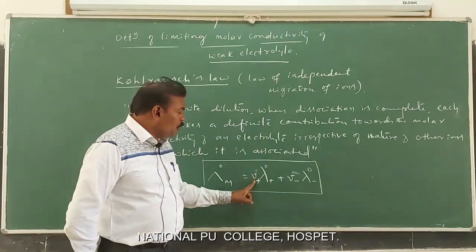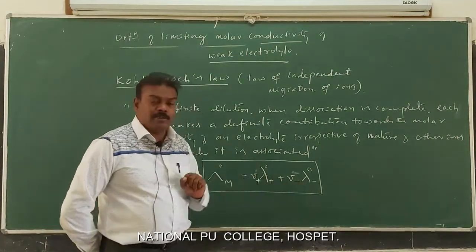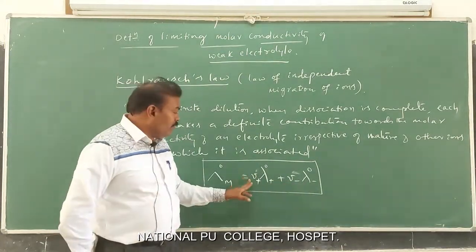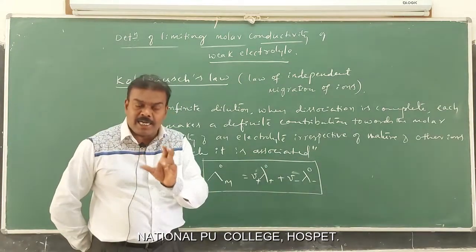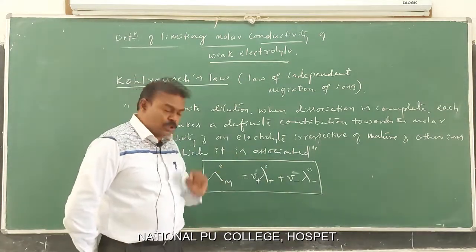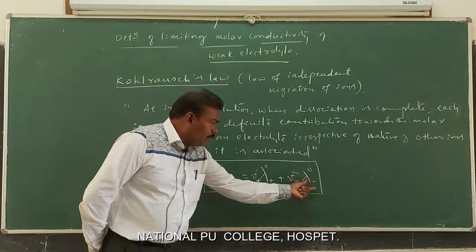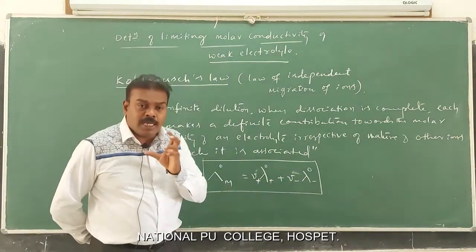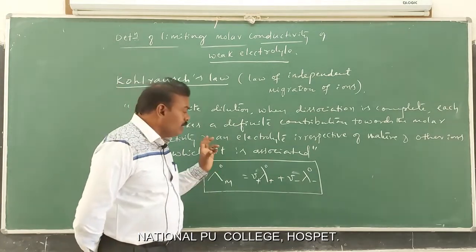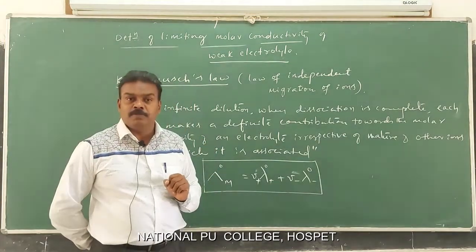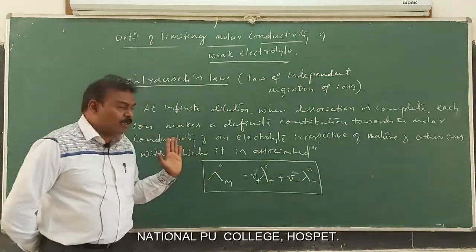Here nu plus and nu minus are the number of moles of cations and anions, and lambda plus naught and lambda minus naught are the molar conductivities of the cation and anion. This is Kohlrausch law.